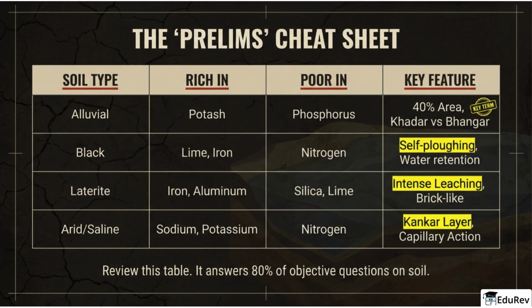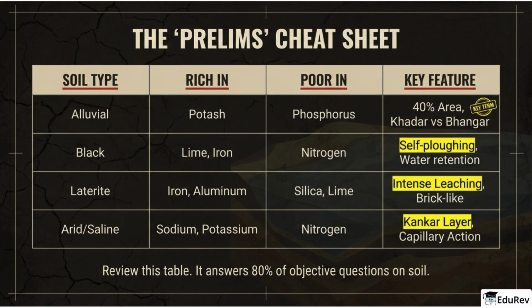Now reduce the chapter to the lines that actually win prelims. Alluvial soil. Rich in potash, poor in phosphorus, covers 40% of India. And you must know Khadar versus Bhangar. Black soil. Rich in lime and iron, poor in nitrogen, known for self-plowing and strong water retention.